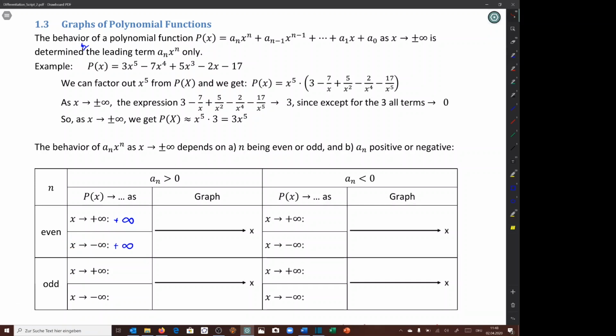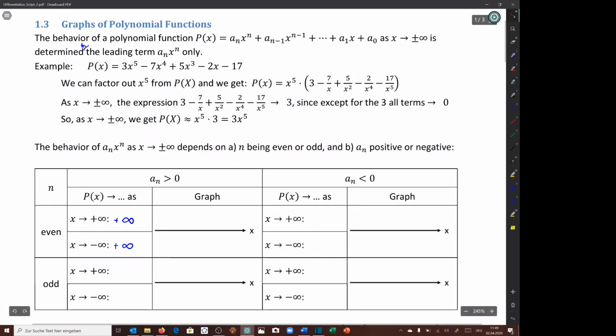Why is this the case? Since a_n is larger than 0, we have here something positive. n is even, so a negative number x to the power of something even will be positive. So we have positive times positive, and the x itself becomes infinitely large. So the whole thing goes to plus infinity.